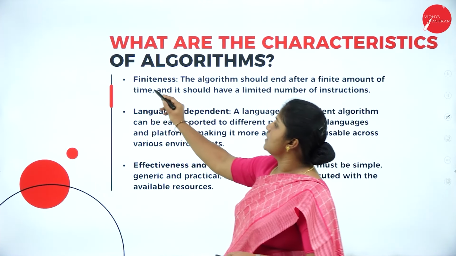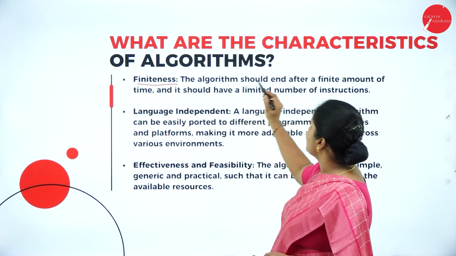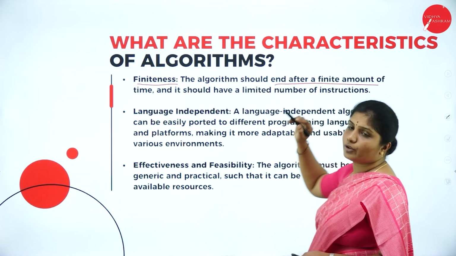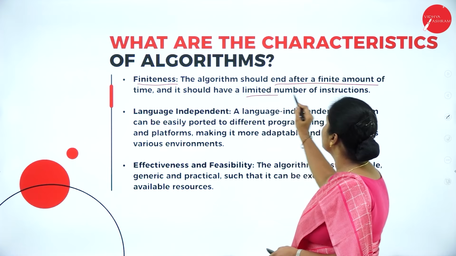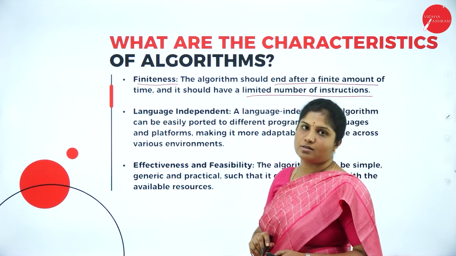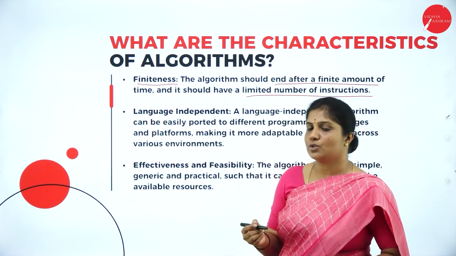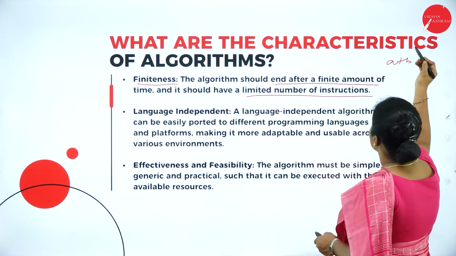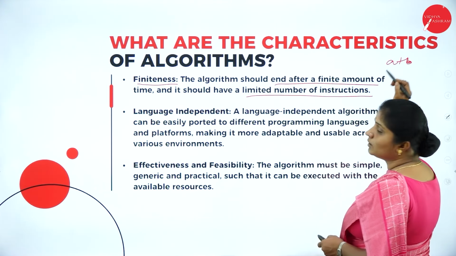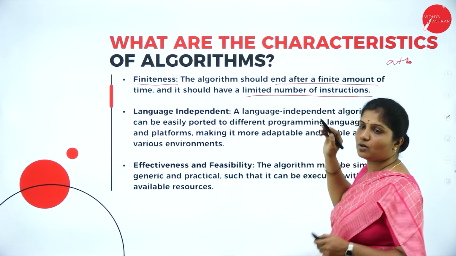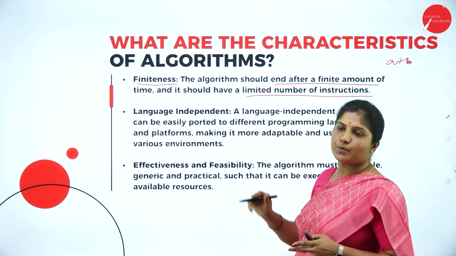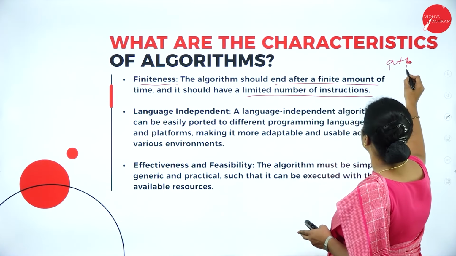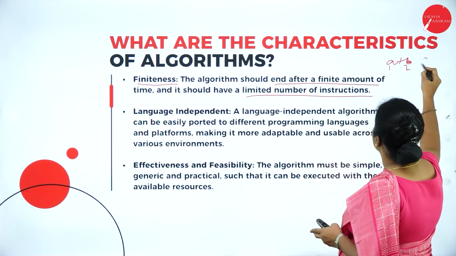The next characteristic is finiteness. It should end after a finite amount of time and should have a limited number of instructions. For example, I have taken a plus b. Why did I take only two integers? Because I need to add only two integers. Why would I need to take c?